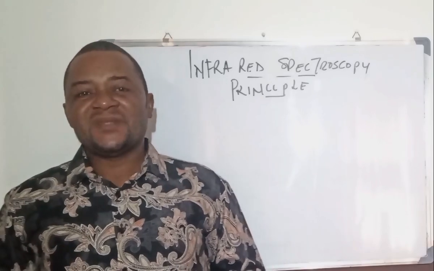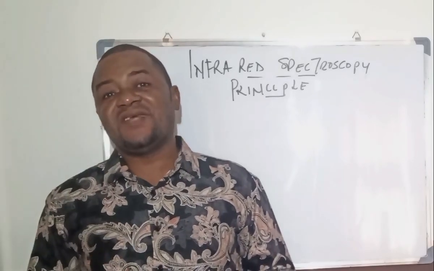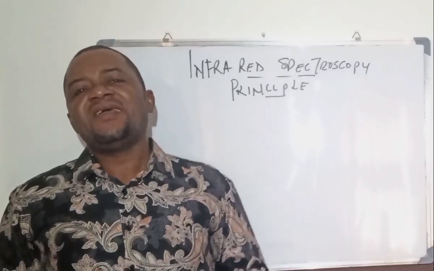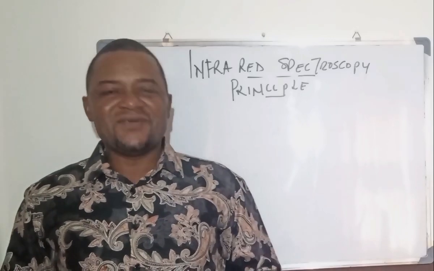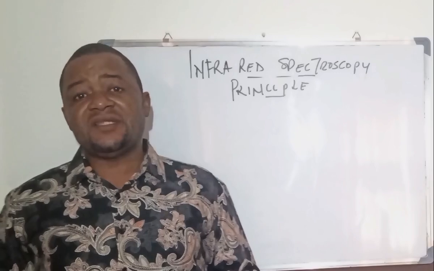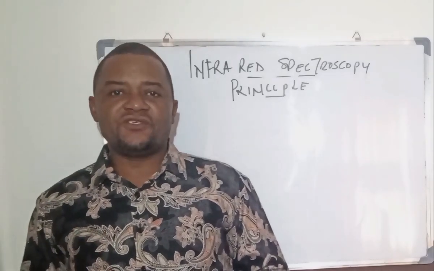Do you also know that the remote controls you use to power your television or to control the system are built with infrared radiation? So you can see how important infrared radiations are. There are so many applications. We're going to see that in our subsequent class when we discuss instrumentation.